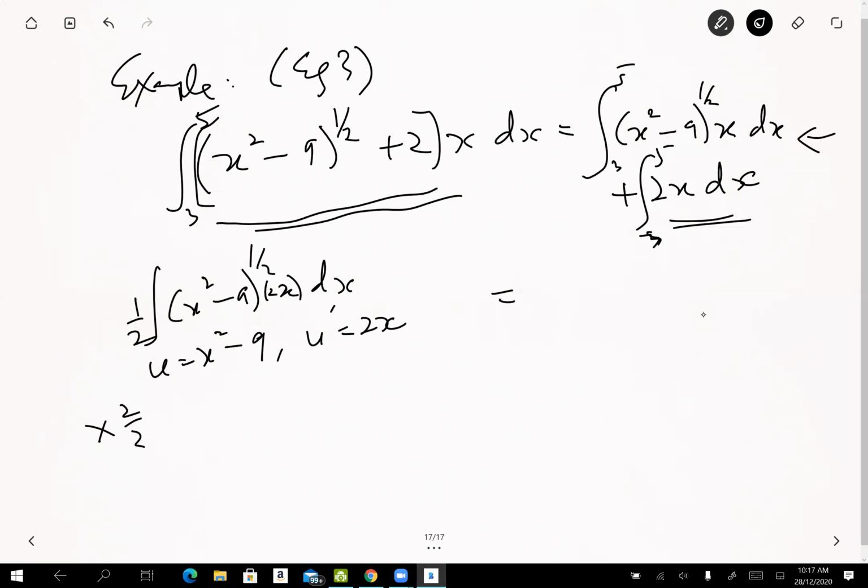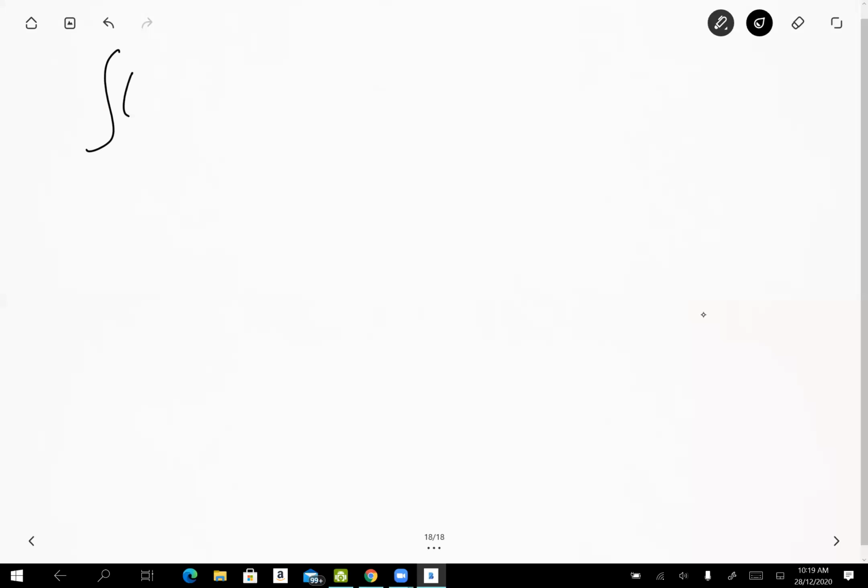I give you an example. Let's say I have the integral of 3x squared plus 5x dx. I think I'll give you a single term, like this.